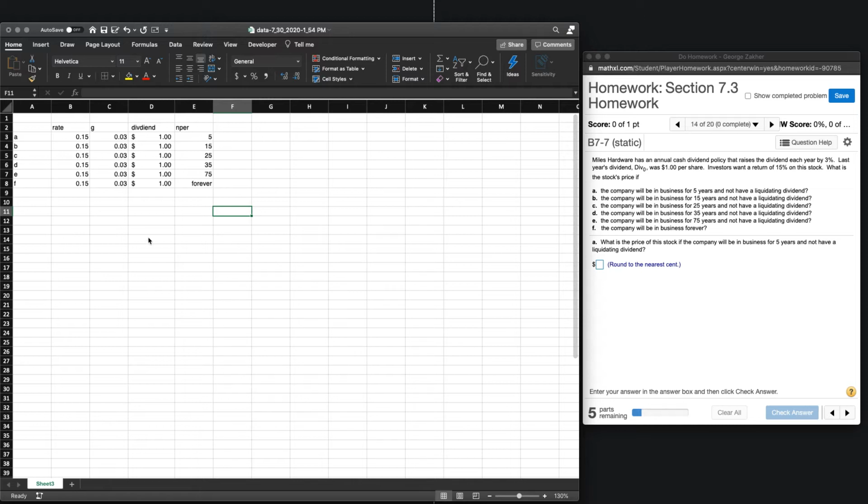So reminder, when we're dealing with part A to part E, we're going to be using the constant growth model that's finite.